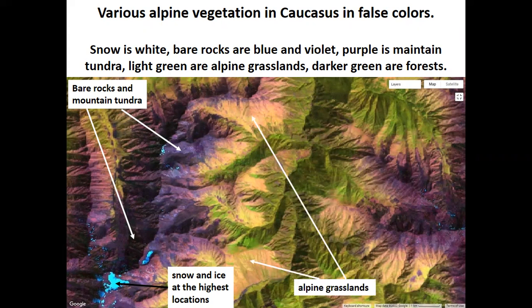And then downslope, you will have also pretty large areas of alpine grasslands, so-called alpine meadows, which are suitable for grazing and widely used worldwide.